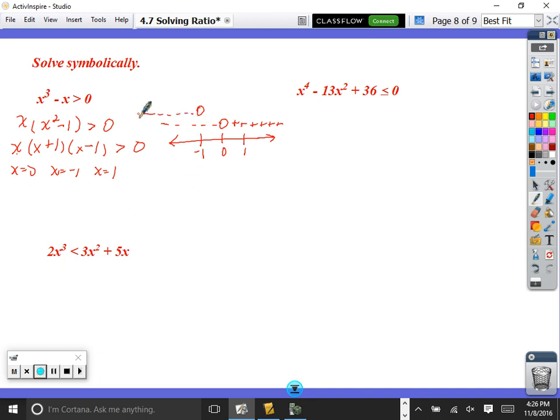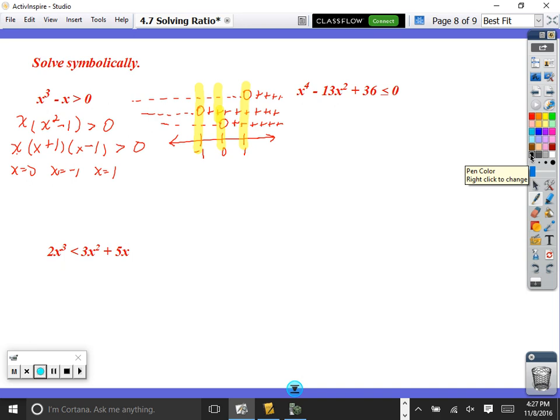Left of a 0 are negative factors. Right of it are positive factors. 1 was a 0. Left of it are negative factors. Right of it are positive factors. That now breaks it into 1, 2, 3, 4 sets.